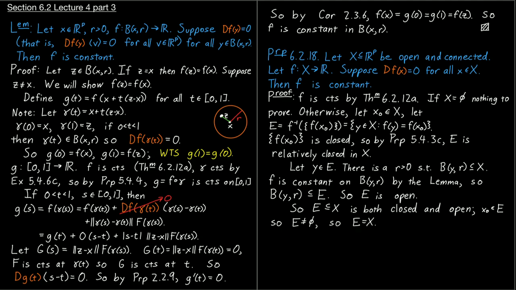So E is in fact all of X because X is connected. So we have that f of y equals f of x naught for all y in X. And that is all there is to that.